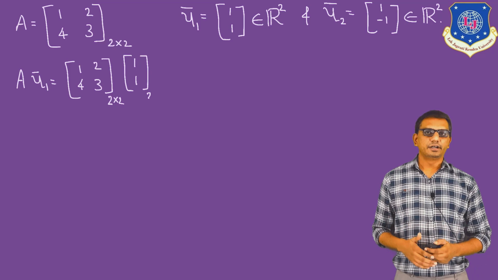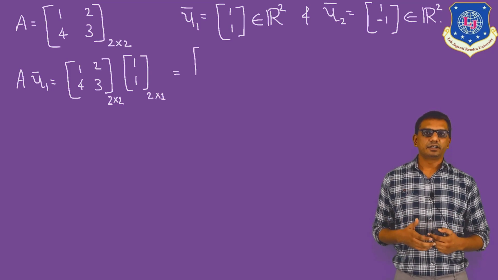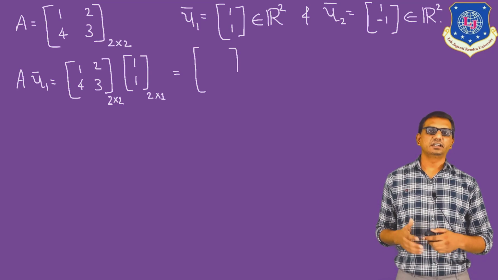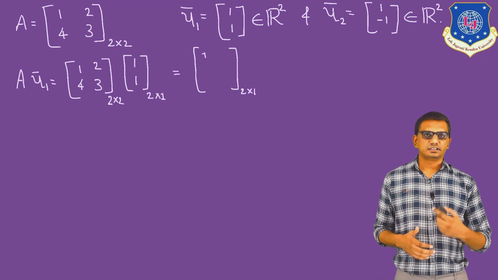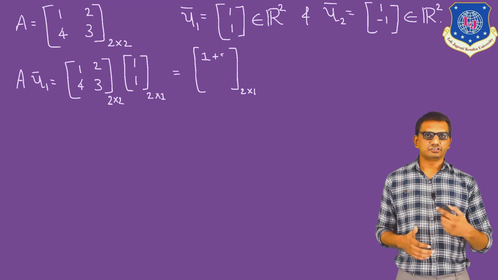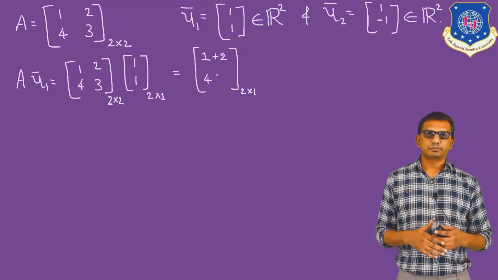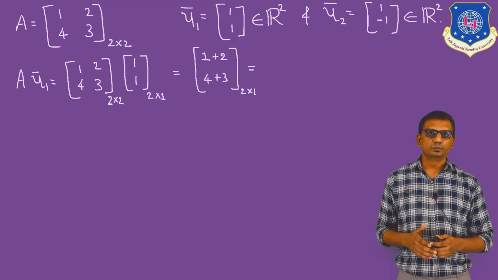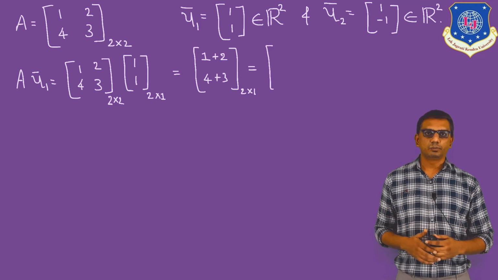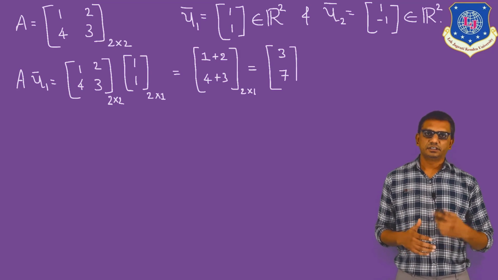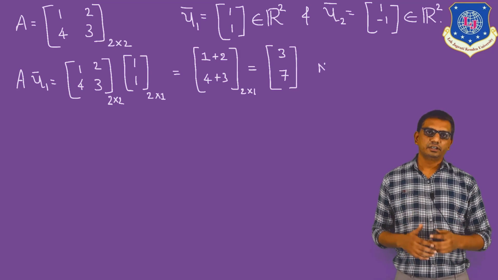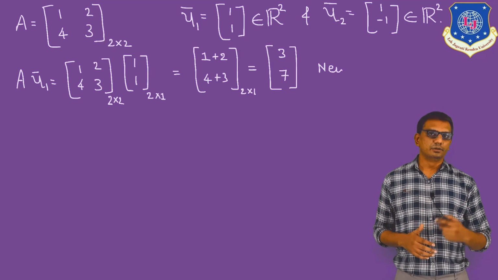The order of matrix A is 2 cross 2 and the vector order is 2 cross 1, so the resulting matrix is 2 cross 1. After multiplying, we get 1 plus 2 and 4 plus 3, then we get the new vector 3, 7 in R2.